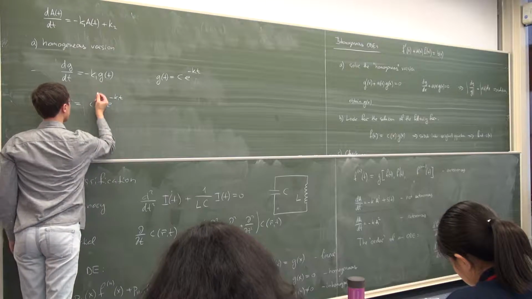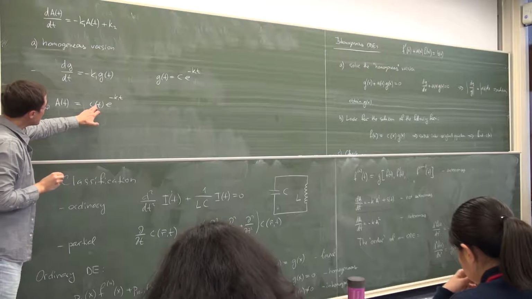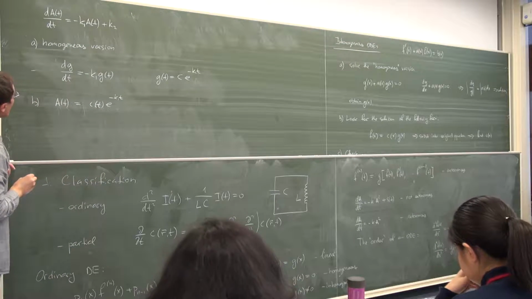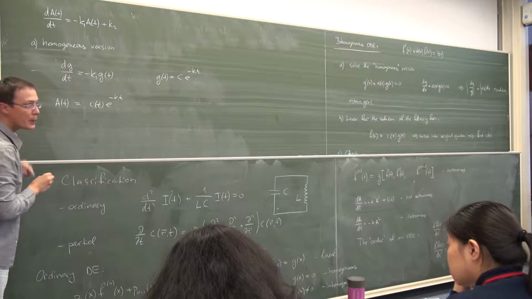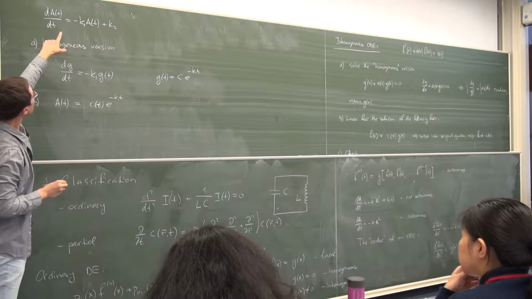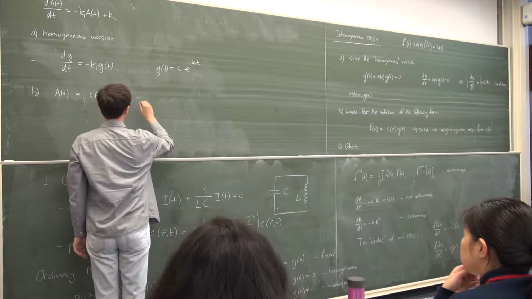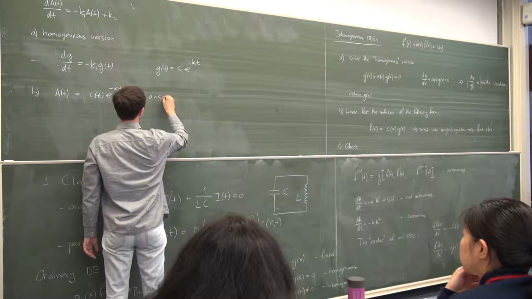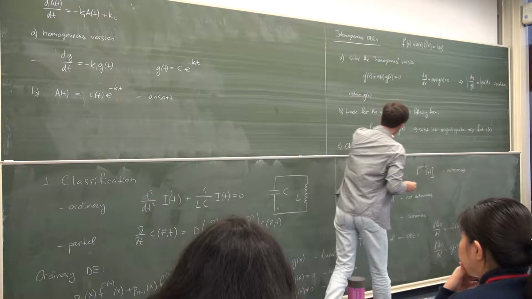Sorry, c of t, where c of t is unknown. And we will find it now by substituting this so-called ansatz into that equation. So this is our ansatz for this product.